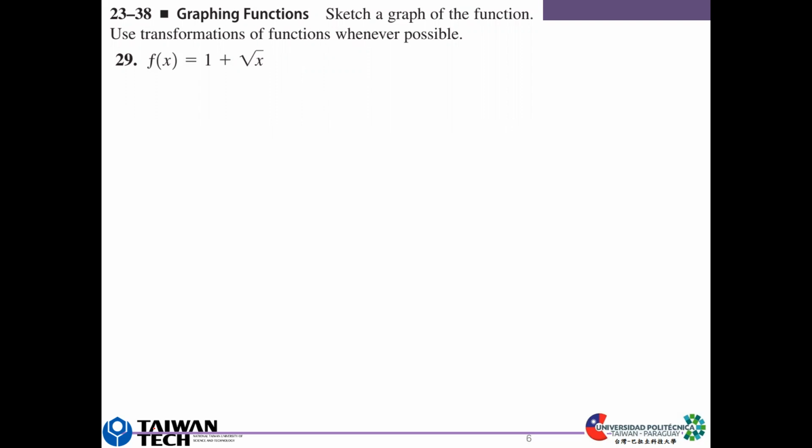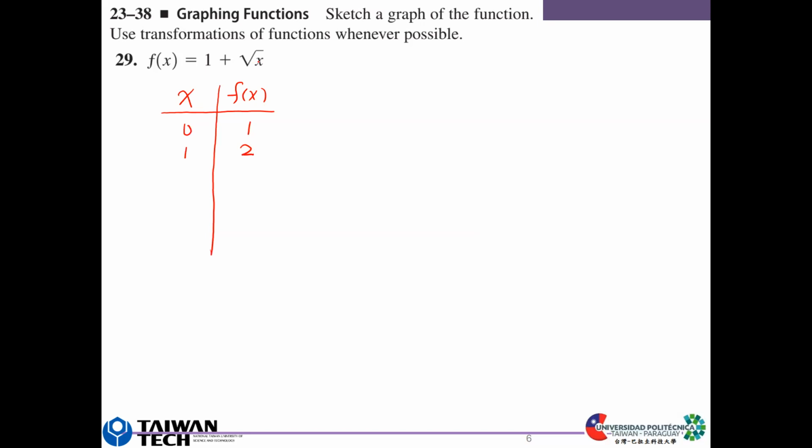But the simplest way is to make a table and plug in numbers. If x equals 0, f(x) equals 1. If x equals 1, f(x) equals 2.